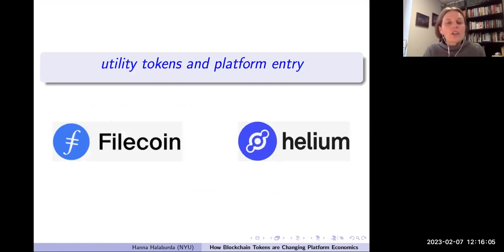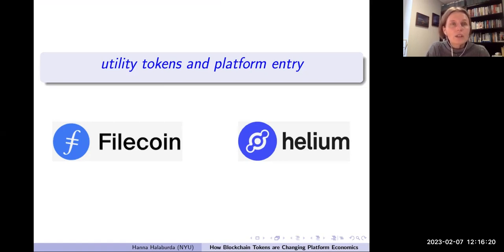So let's first start with utility tokens and the platform entry. And here, the inspiration for our research and great examples at the same time are platforms like Filecoin and Helium.